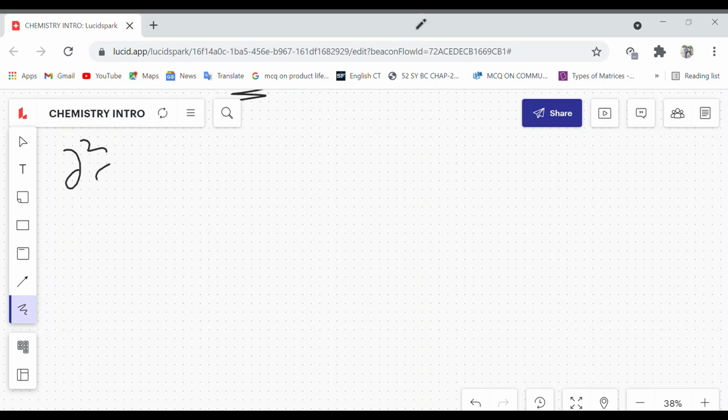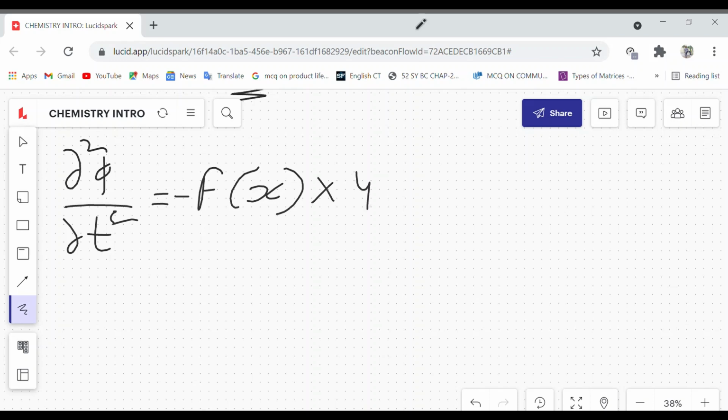Dou square phi divided by dou t square. Let me write the product directly. Negative sine f of x into 4 pi square nu square into again a sine 2 pi nu t.